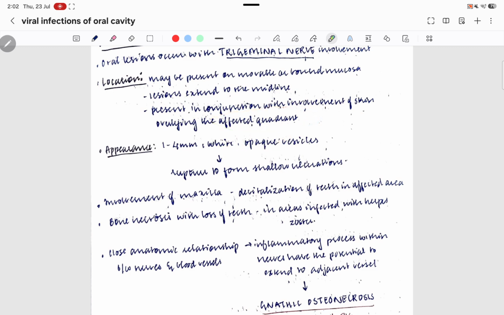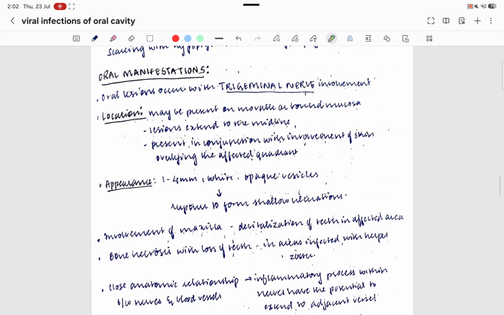So what you need to know is there is a lesion involving your trigeminal nerve, which could be fixed or movable, and it occurs with involvement of skin.